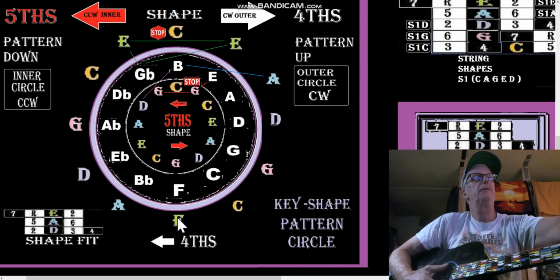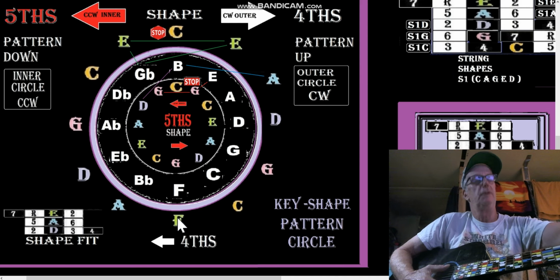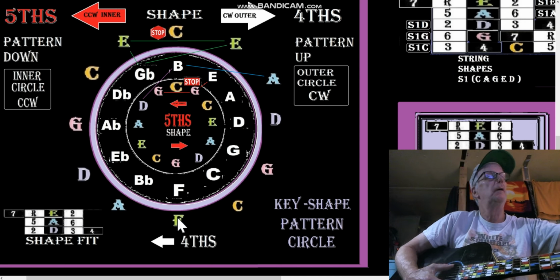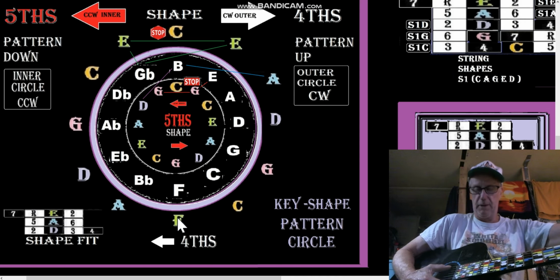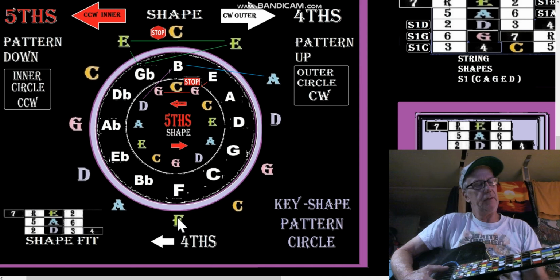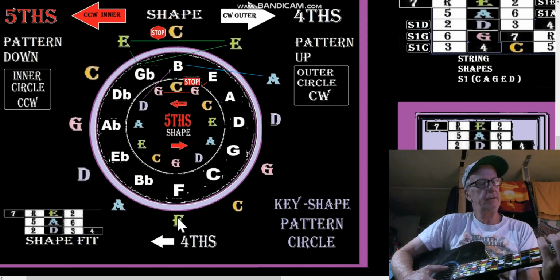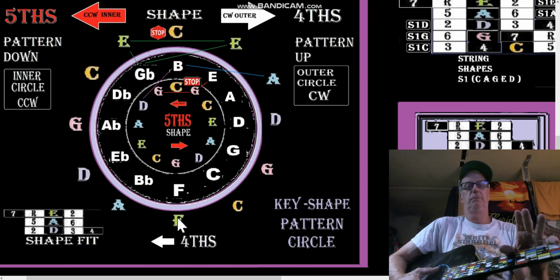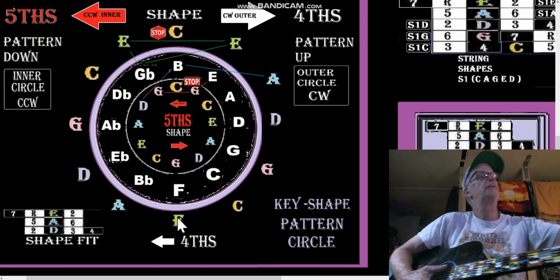We're talking about F here. So it's like that. Bottom string, bottom octave. So in the key of F, we have that going on here. No matter where you start that scale, you just follow the F scale.